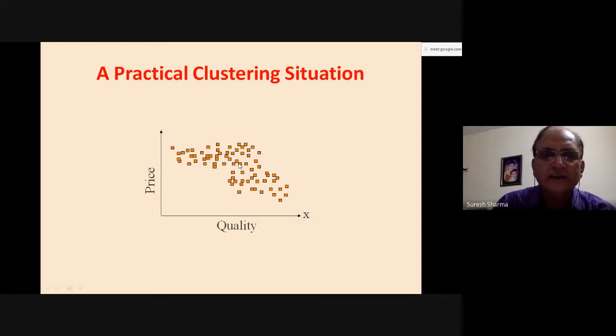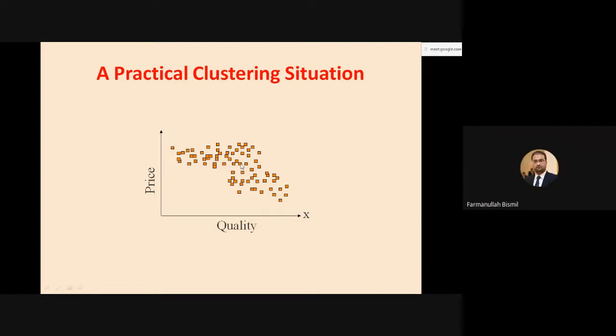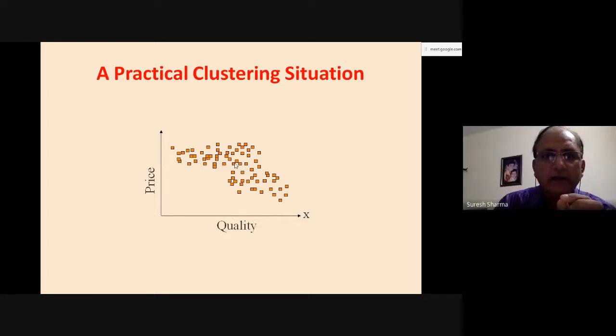From that center, it will compute this distance. If the distance is very small, it will be clubbed into the same cluster. So all these 3 dots will go to one cluster. Are you with me? All these 3 dots will go to one cluster.